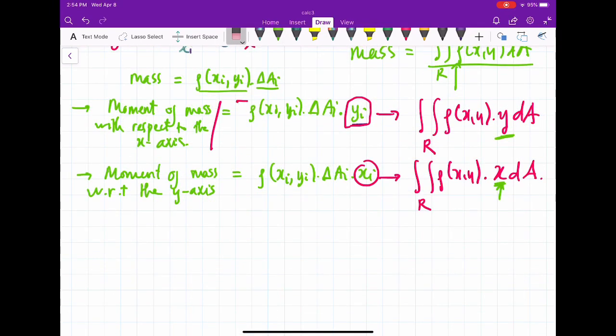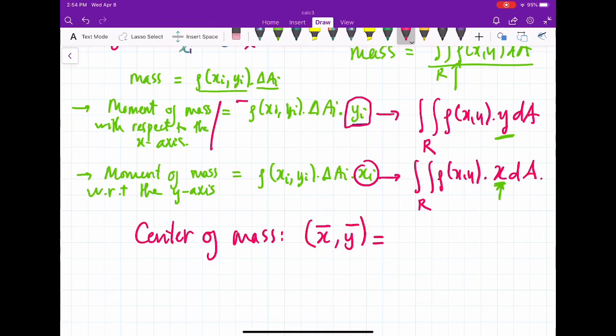Once you have the moments of mass with respect to the x and the y axis, you can find the center of mass of the lamina. That is x-bar, y-bar equal to My over m, Mx over m, where m is the mass of the lamina.